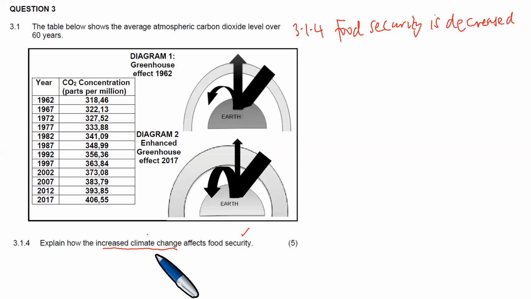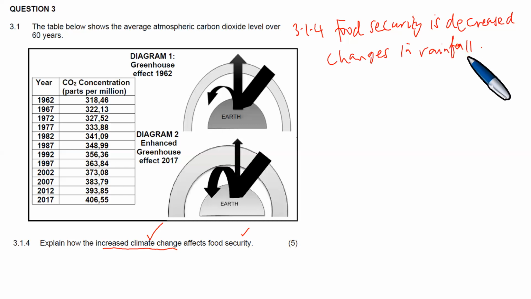Also, if there is increased climate change, there are specific changes in rainfall pattern. Food security is decreased by the changes in rainfall pattern.